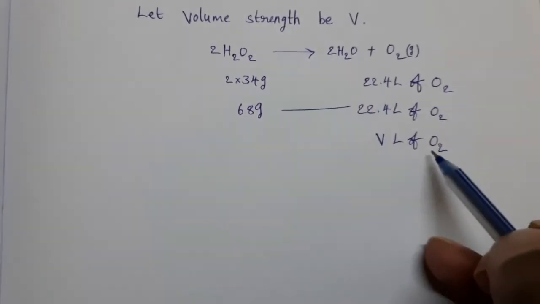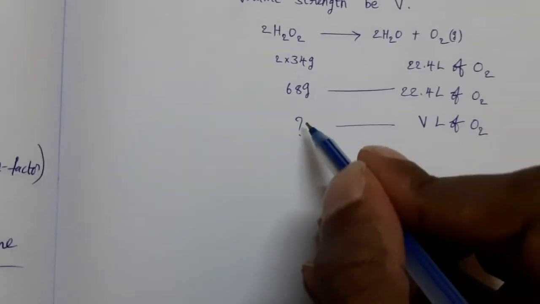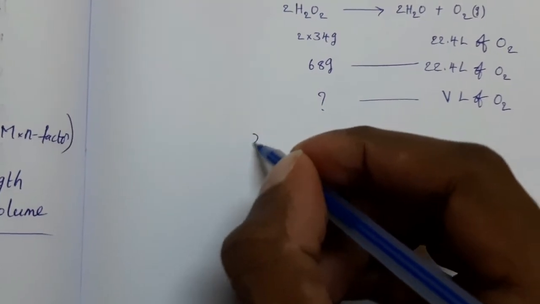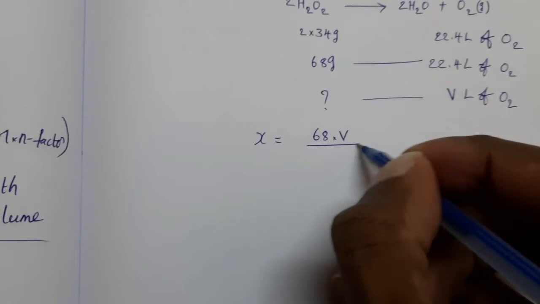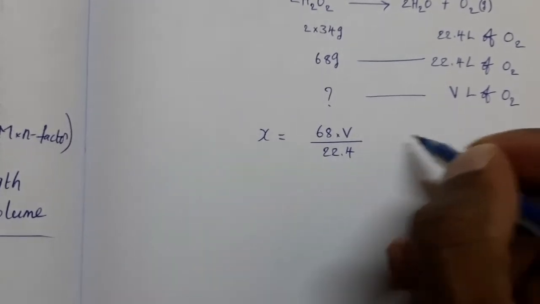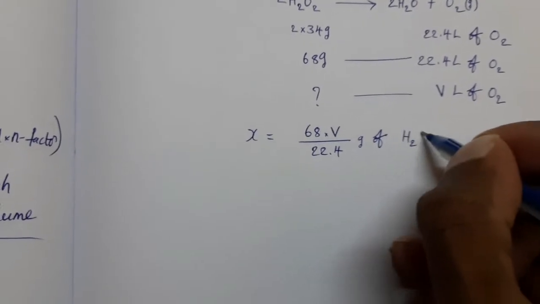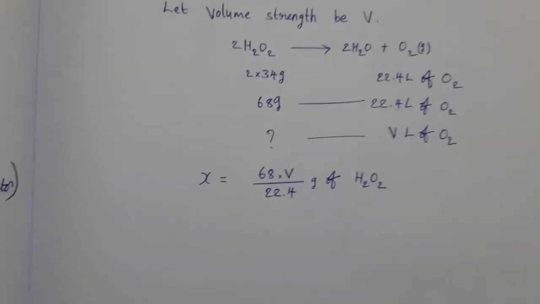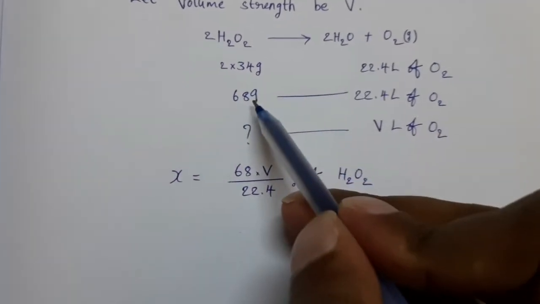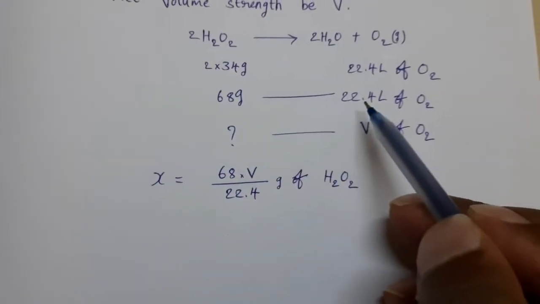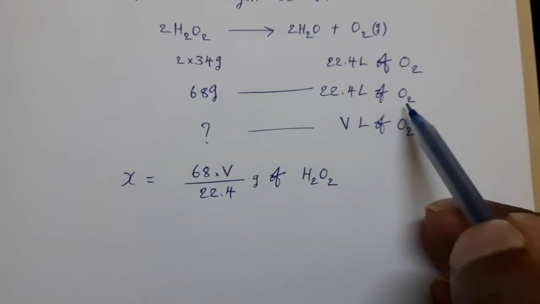That means V liters of oxygen is obtained from how much amount of H2O2? That is 68 into V divided by 22.4 grams of H2O2. Here volume strength is capital V. From the equation, 68 grams of H2O2 gives 22.4 liters of O2.